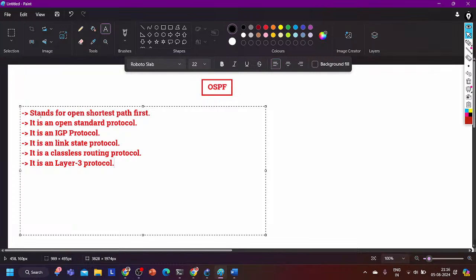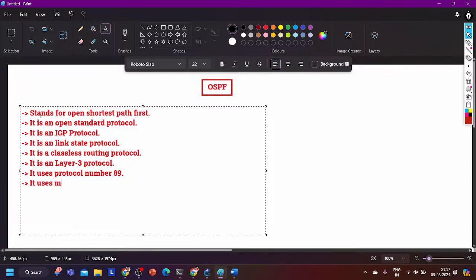What is the protocol number? If it is a layer 3 protocol, then definitely this protocol will have one protocol number, because it does not use TCP or UDP. So it uses protocol number 89. Very good.